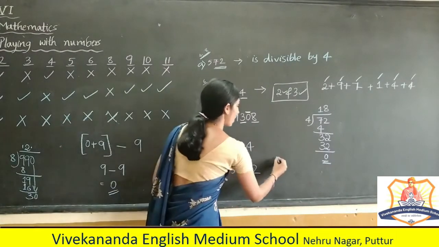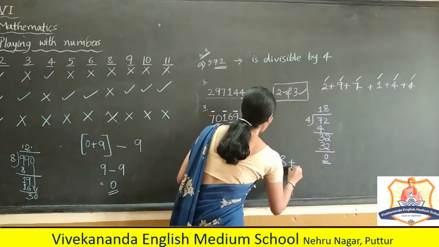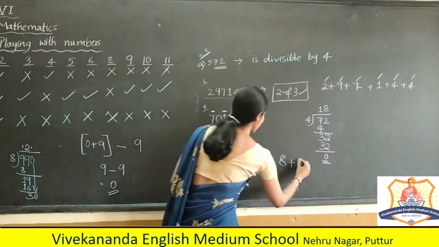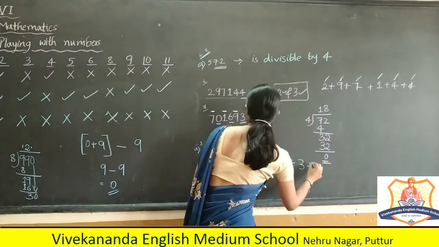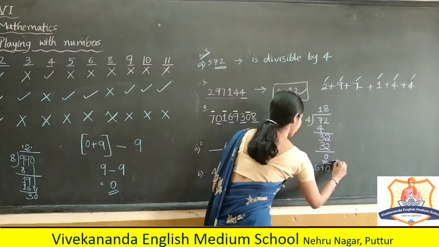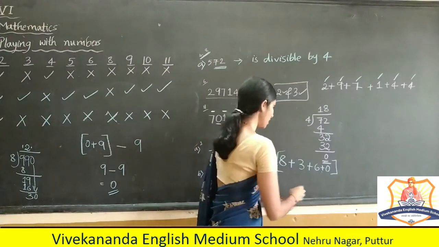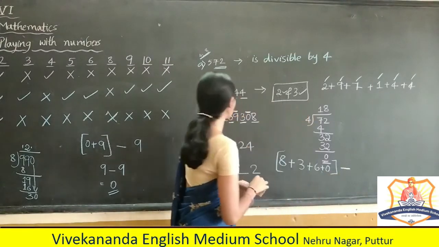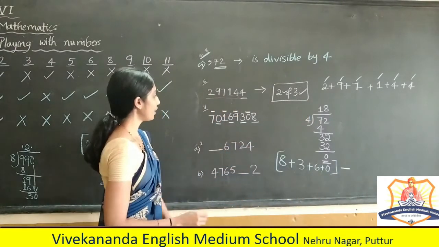So first here, let us see the sum of odd places, 8 plus 3 plus 6 plus 0 minus sum of the digits at the even places.